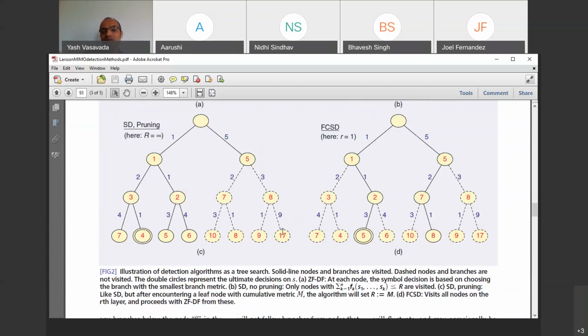So you didn't do much of pruning at all. Even 9 doesn't help you rule out any of these subtrees. 8 doesn't help you rule out. And so until you get to the leaf nodes, you may have to keep on visiting all of the leaf nodes, which can be computationally quite burdensome.